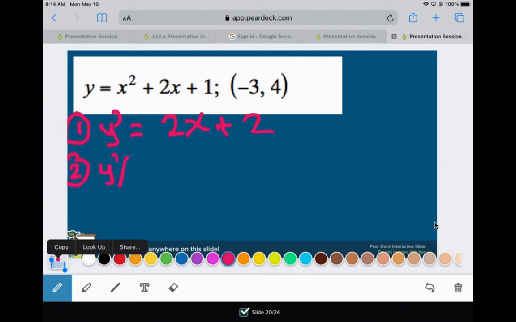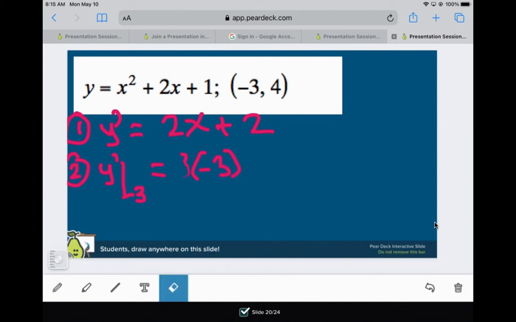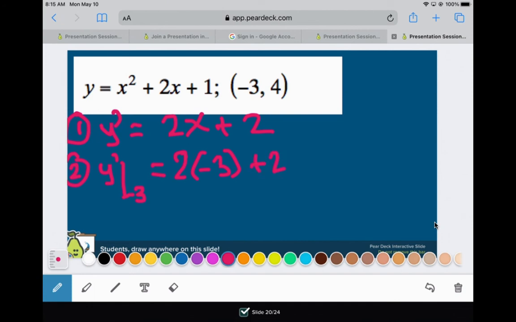So y prime of negative 3. So 2 times negative 3 plus 2. So this will give me negative 6 plus 2. This is going to give you negative 4. So this is the slope, negative 4.